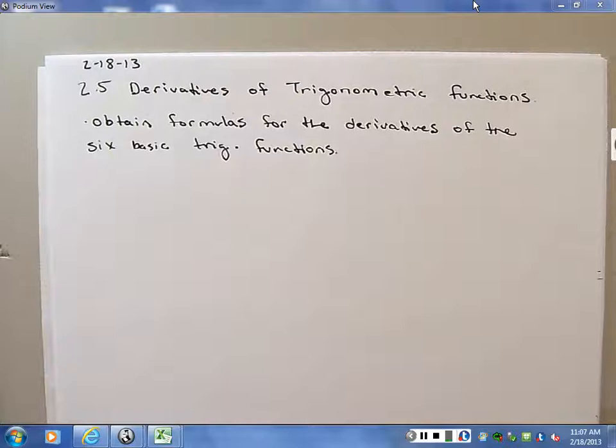Sine, cosine, tangent, secant, cosecant, and cotangent. Right? I want to find the derivatives of that.